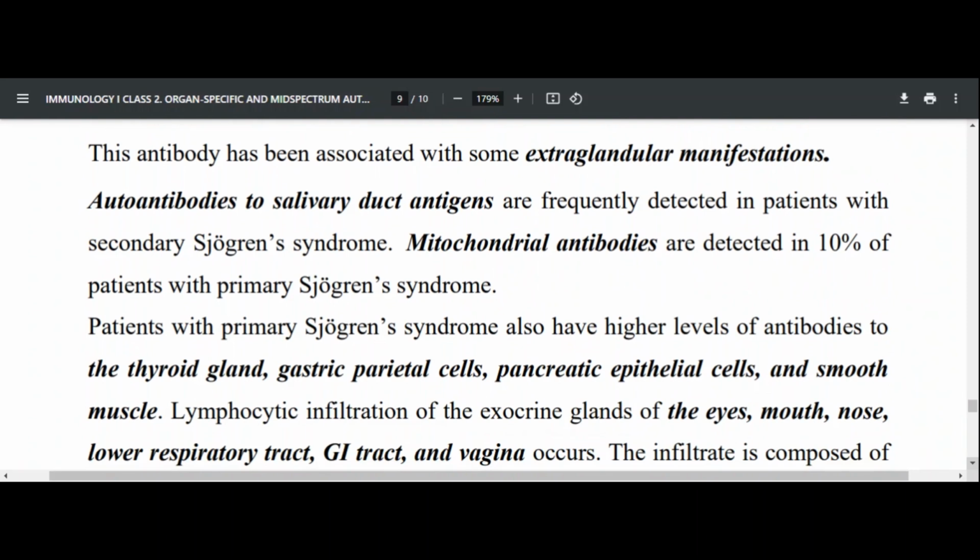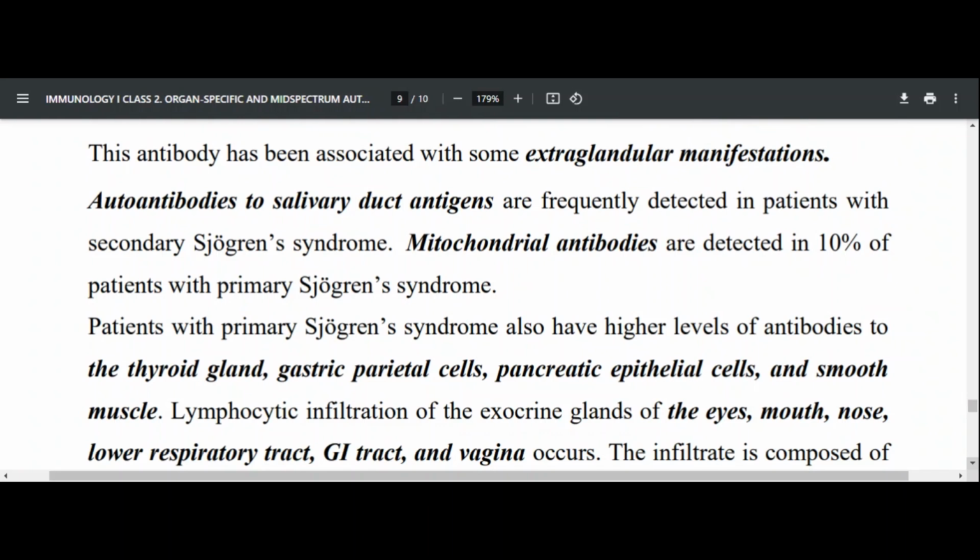Anti-mitochondrial antibodies are also seen, but in very few patients. Patients with Sjogren syndrome may also have higher levels of antibodies to the thyroid gland, gastric parietal cells, pancreatic epithelial cells, as well as smooth muscle. So they have a tendency to fall into these conditions.